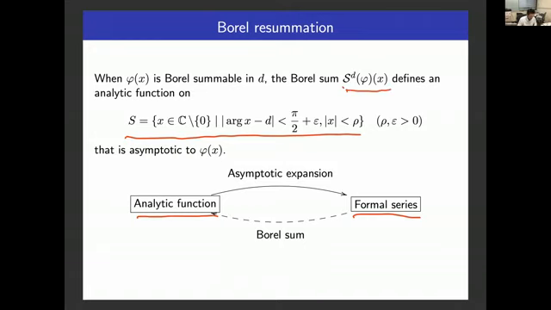But if the correspondence is complete or works well, there is no problem. But we assume that phi x is Borel summable indeed. But if phi x is not Borel summable, some problem occurs at the direction. And the problem is the so-called Stokes phenomena.